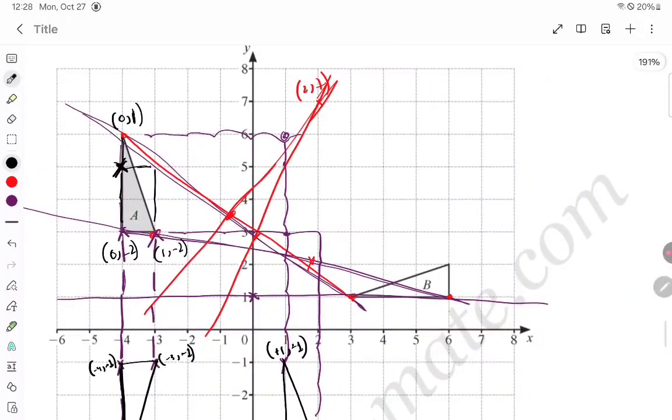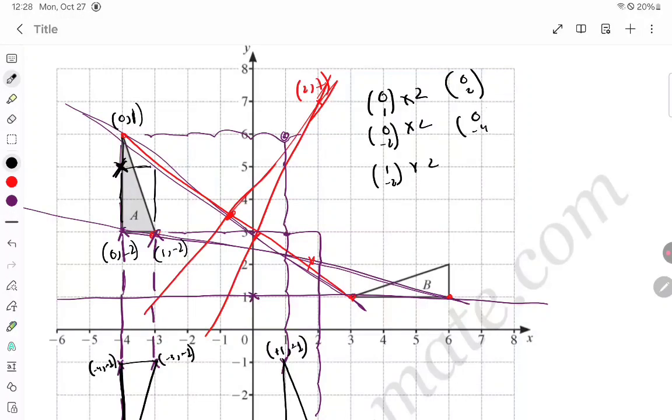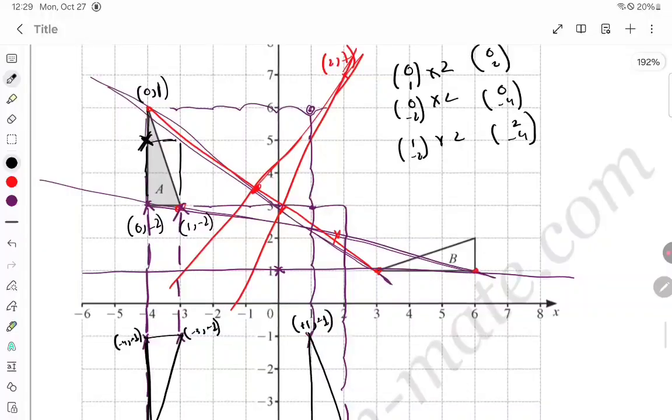Multiplying with the scale factor, as it is given the scale is 2, the points will become 0, 2, 0, negative 4 and 2, negative 4. Move from the center.